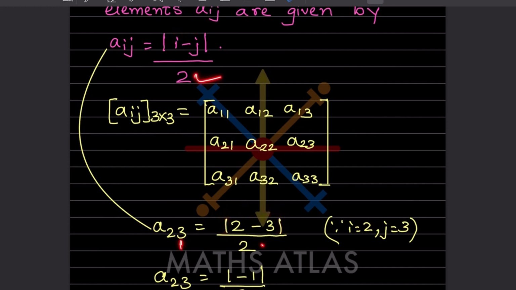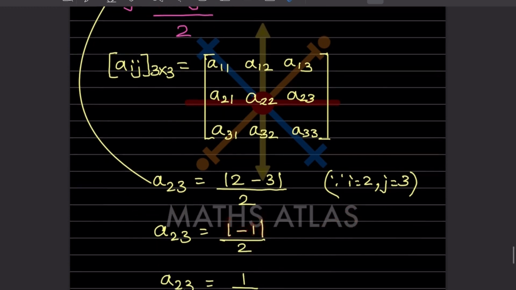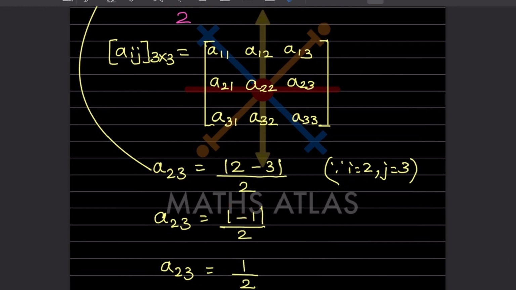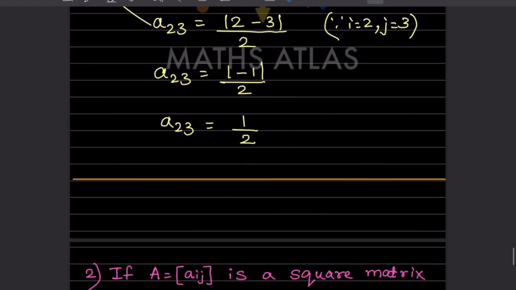So now this A of 2 by 3 will be minus 3 plus 2, which is minus 1. But whenever we have the absolute sign, even the negative sign has to be made positive. So that is minus 1, this modulus is going to be 1. So the answer to A23 will be 1 by 2.